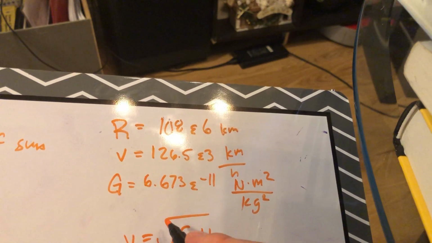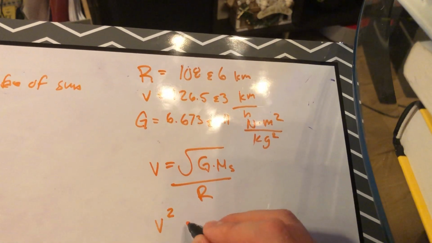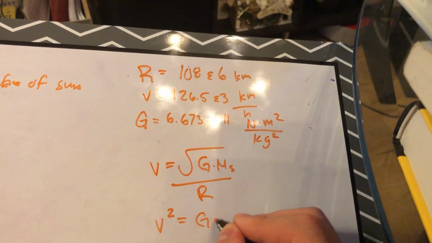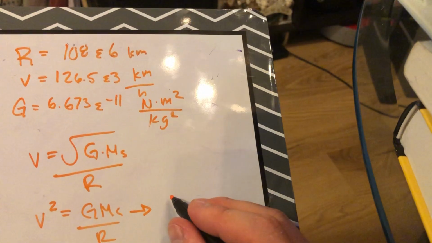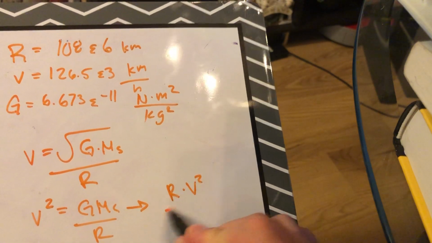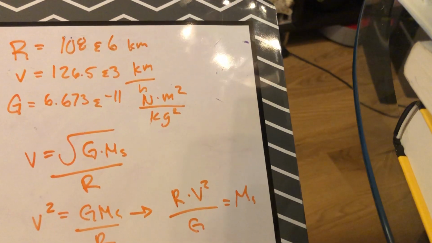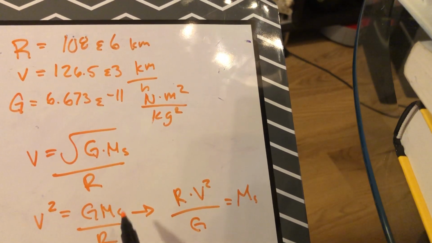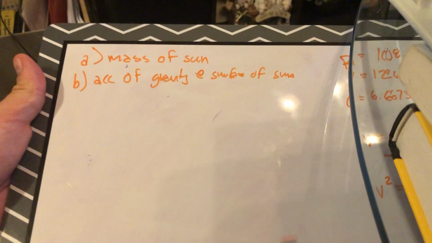So essentially we are saying that velocity squared is equal to G M_s over r. And we can solve for the mass of the sun by saying that. So that's neato bandito. Let's go back over here.